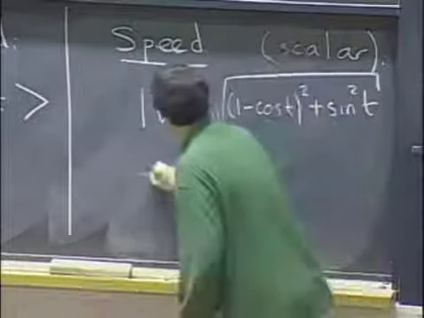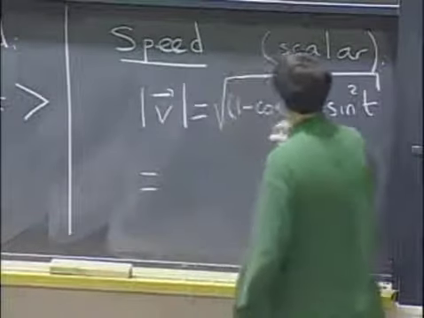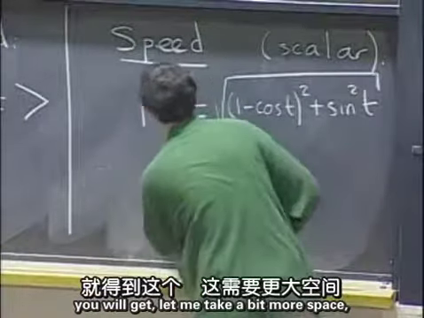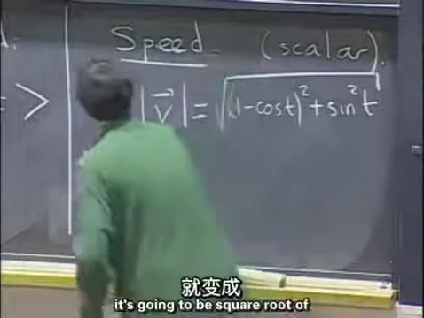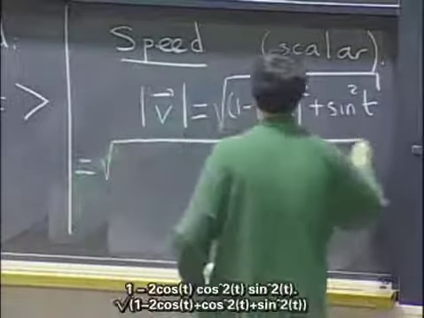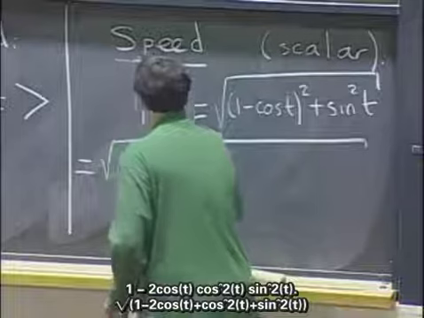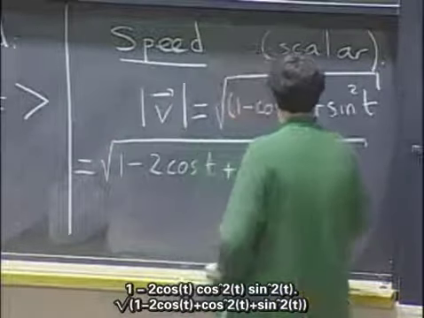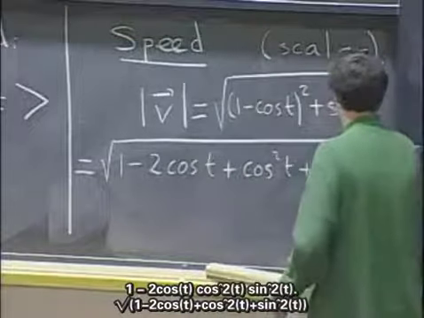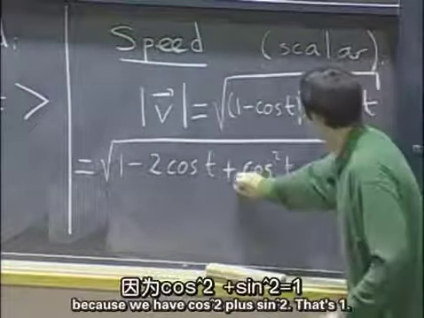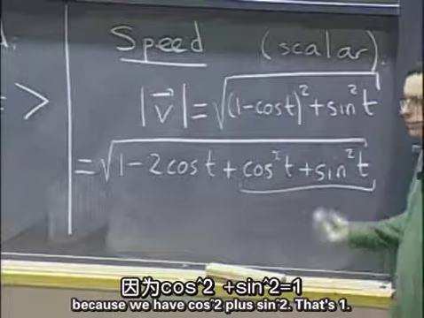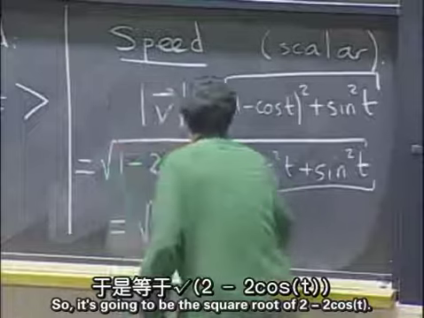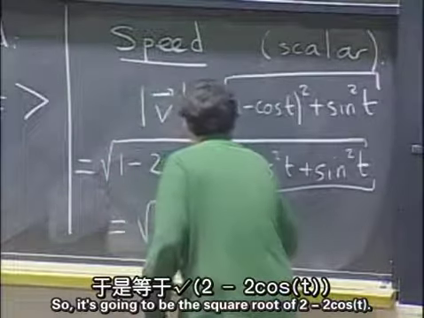If you expand that, you get the square root of 1 minus 2 cosine t plus cosine squared t plus sine squared t. It simplifies a little because cosine squared plus sine squared is 1. So it's the square root of 2 minus 2 cosine t.